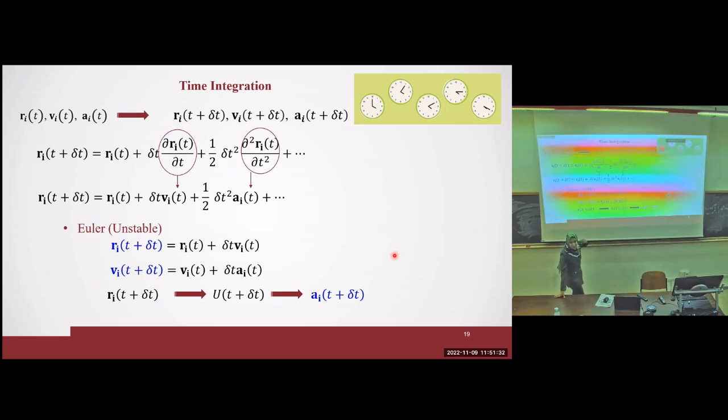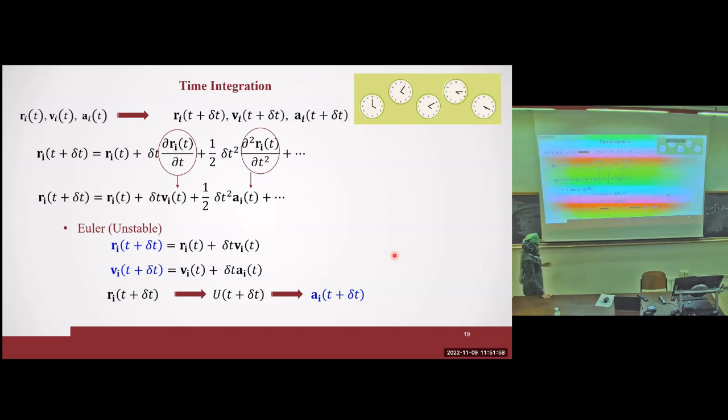The first derivative is the velocity, and the second derivative is the acceleration. The simplest idea is that we find the position at time t plus delta t with the position at time t and its velocity. And we find the velocity at time t plus delta t with the velocity and the acceleration.